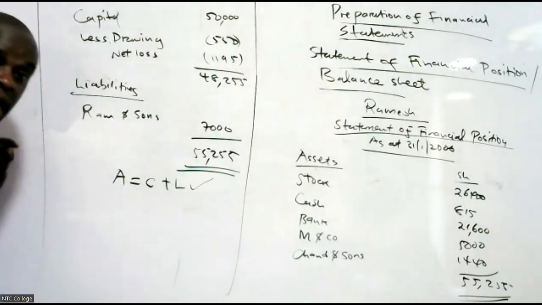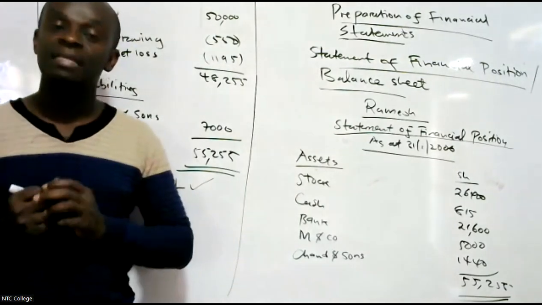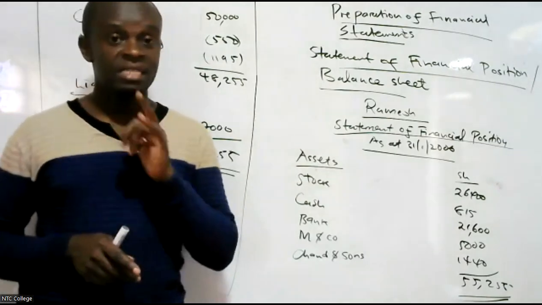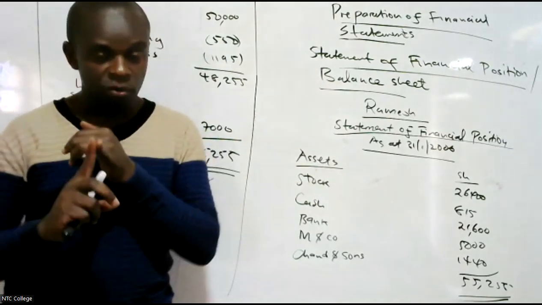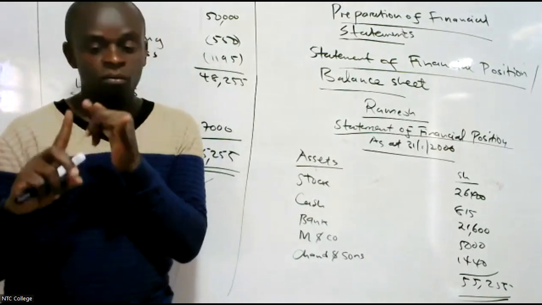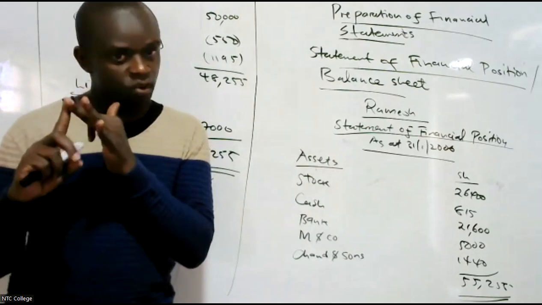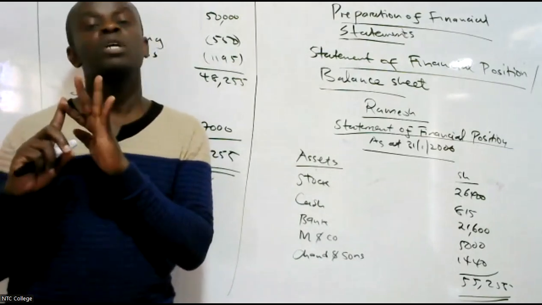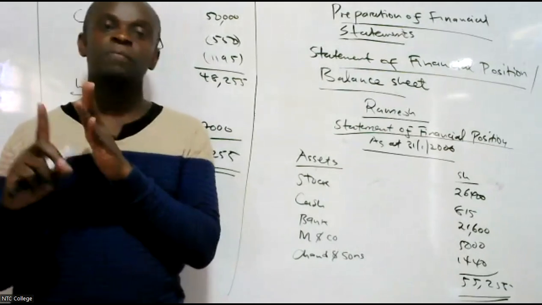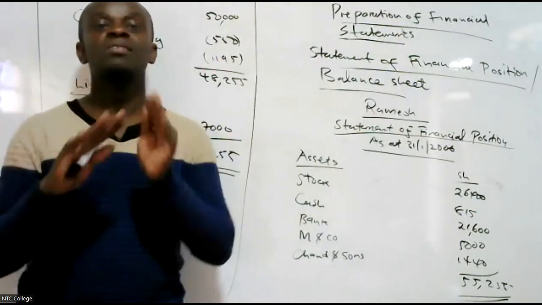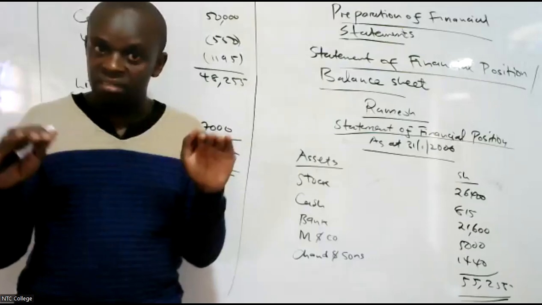So it means our answer is correct. And remember, in this question we started from the journals. We prepared the journal, we prepared the ledgers, we prepared the trial balance. And finally, we have prepared the profit and loss account and the balance sheet. That's where the whole accounting bookwork ends.